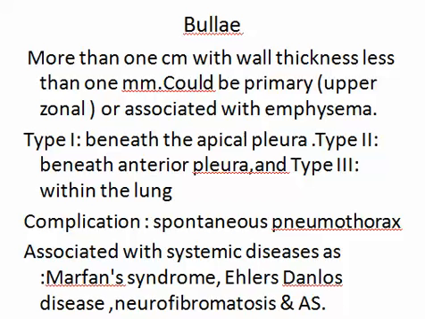So we have 3 types of bullae, either near to the apex, either anterior or within the lung. Complications, of course, spontaneous pneumothorax. Associated diseases, we have a lot of associated diseases, including neurofibromatosis, Ehlers-Danlos, Marfan syndrome, and aortic stenosis.